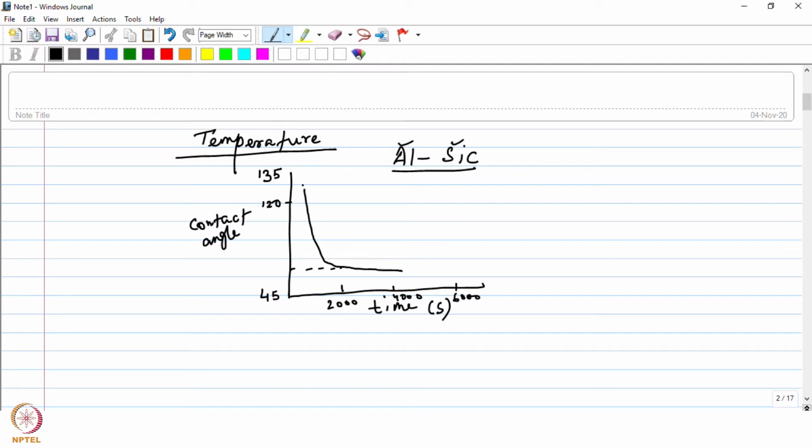So you would see that higher the temperature, lower will be the final contact angle. Okay. So like that, it can be shown for different temperatures.